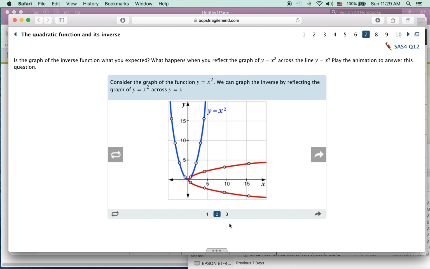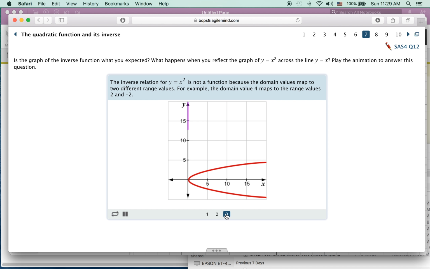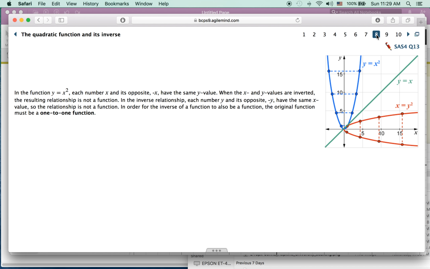It does not pass the vertical line test. For x equals 5, it has two values of y. Well, a function can only have one value of y for any value of x. So you can see all over the domain it fails the vertical line test. So that inverse is not a function. Again, we have to have a one-to-one function in order to invert it.